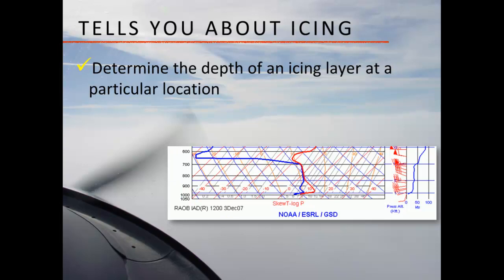So it gives you the indication of the depth of an icing layer at any particular location. Really helpful, especially during the wintertime where we see most of the icing incidents and accidents that occur. So this is a great tool to be able to drill down and determine what's happening from an icing perspective. And we'll talk about both those stratiform clouds and icing a little bit later.